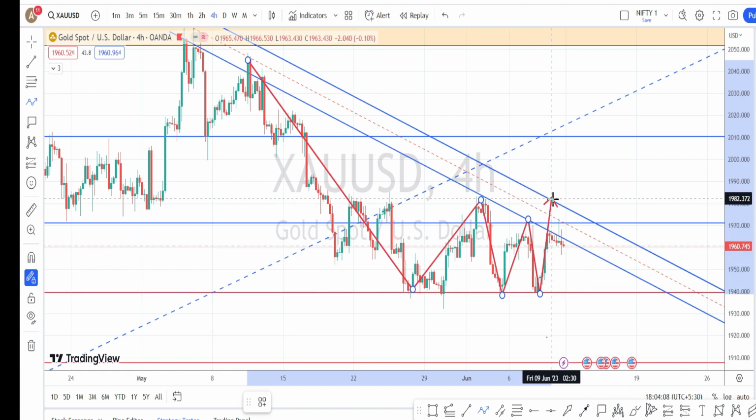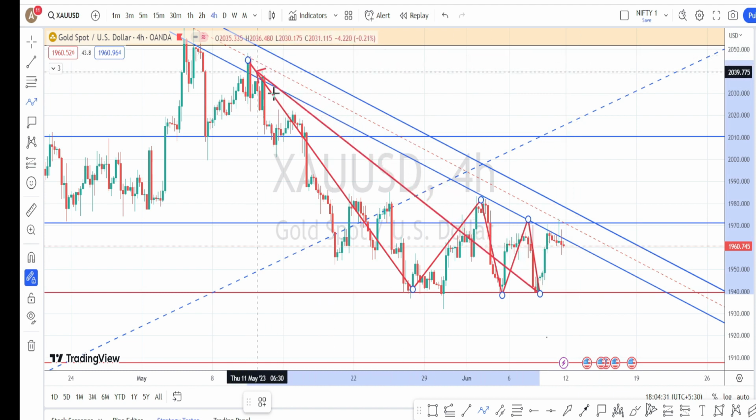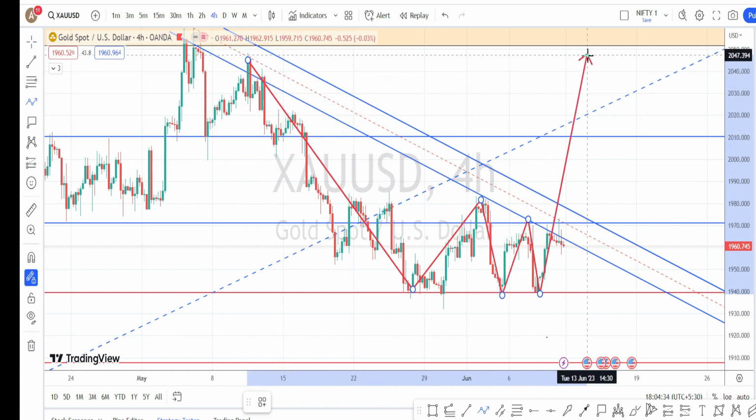Wait for the price action to give a breakout from this resistance line from the daily time frame in order to get the confirmation on the formation of the triple bottom pattern, which means the trend reversal on the bullish side. If the trend reversal happens, the first level of resistance is going to be around 2010, and next level of resistance is going to be the level where it started its bearish side retracement, which is going to be around 2047.